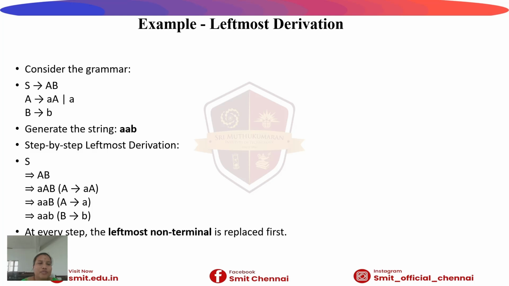S is the start symbol. S is substituted by AB. Then A is substituted by aA, giving aAB. Next, A is substituted by a, giving aaB. The remaining B is substituted by small letter b.